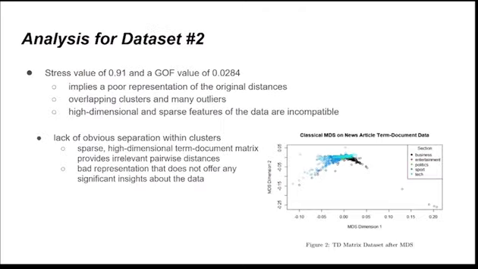The MDS results for the term document matrix showed a 2% goodness of fit and 91% stress, indicating poor representation of the original distances. The analysis revealed high distortion and no meaningful insights. We would need more dimensions to have a meaningful representation of the data.